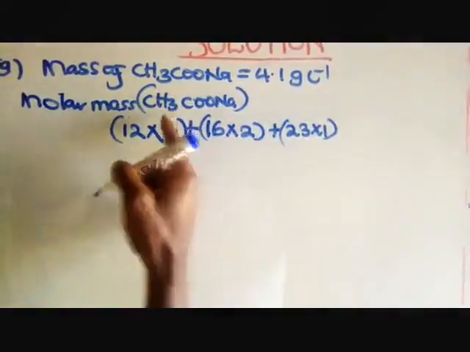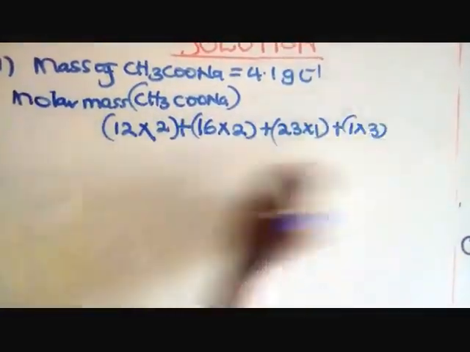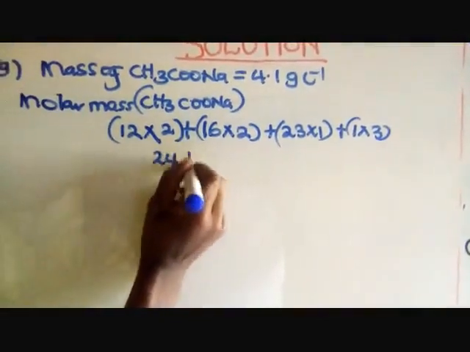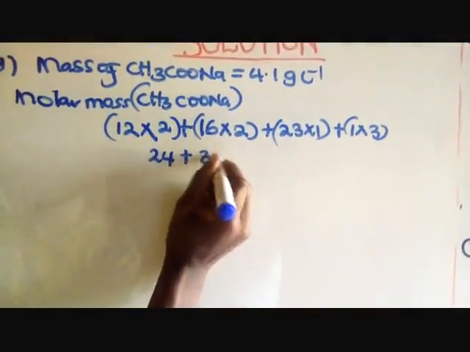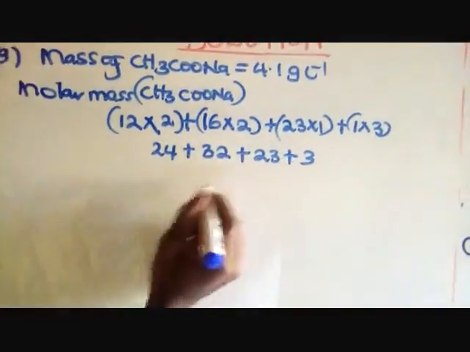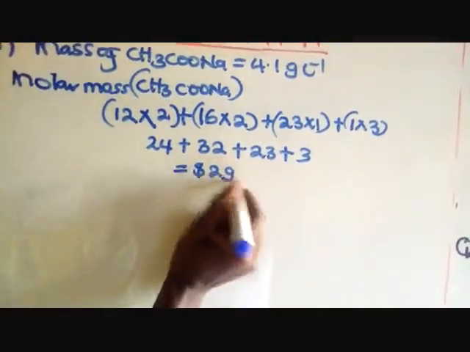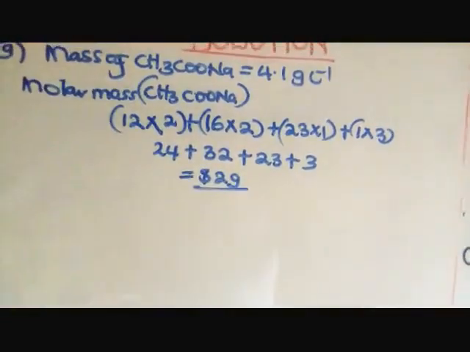Then plus hydrogen, we have 3 hydrogens here, that is 1 times 3. Now here we are getting our 24 plus our 32, then plus 23 plus 3. And now when you sum up everything, we are getting 82 grams as our molar mass.